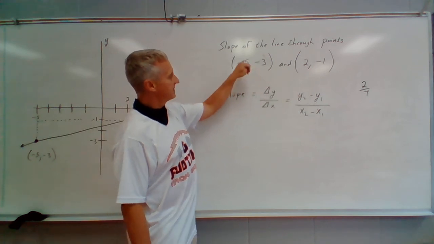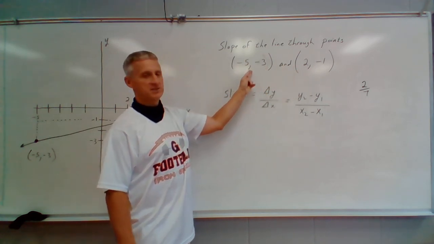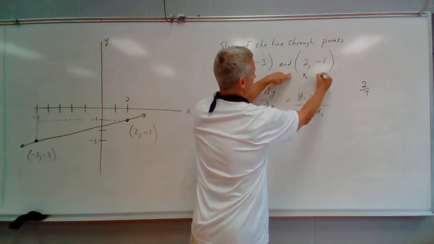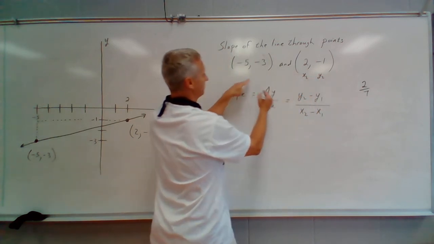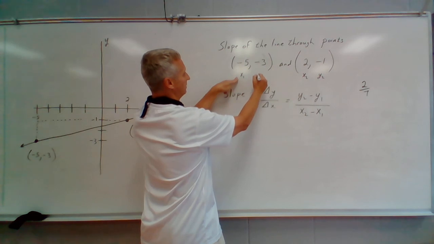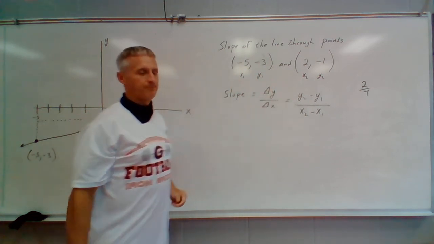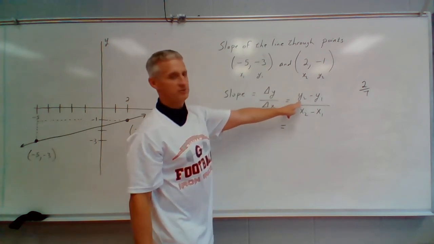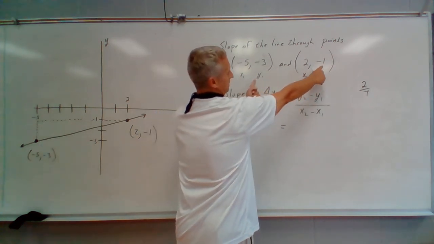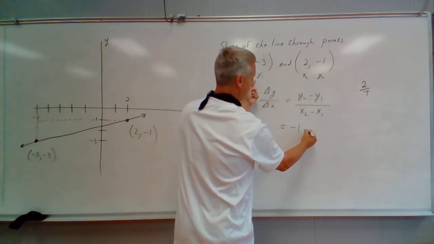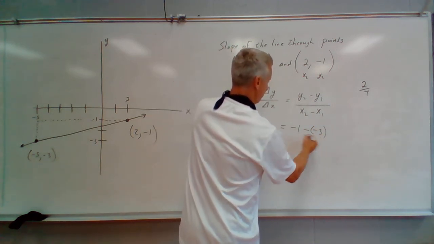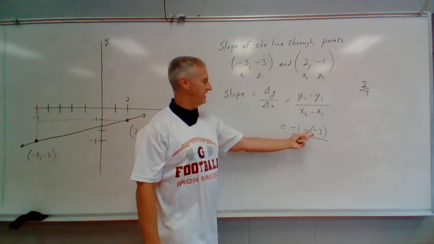So let's say this is point number 2 and this is point number 1. So this would be x2, y2. This would be x1, y1. So I just fill in the blanks, y2 minus y1. So I'll have negative 1 minus negative 3. Be really careful with these 2 negative signs.